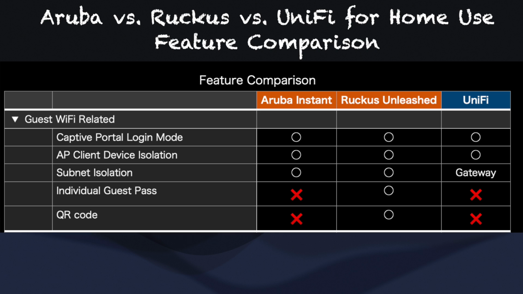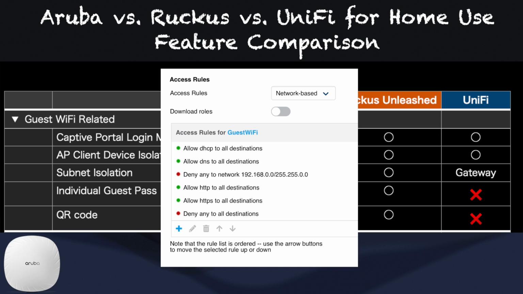Between Aruba Instant and Ruckus Unleashed, I felt the amount of time it took me to figure out the initial setup for inter-VLAN isolation was quite different though. For Aruba Instant, I had to enter each block entry in the correct order manually to ensure client devices do not have access to any of my home network devices.